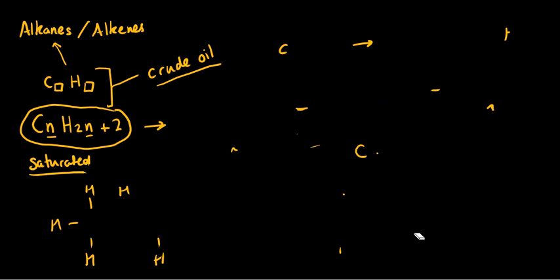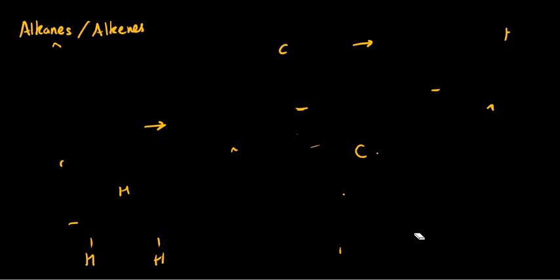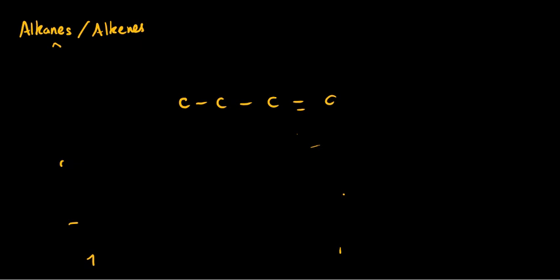If I was to have a situation where I had an alkene, so let's say, for example, I had this alkene here, 1, 2, 3, 4, 1, 2, 3, 4, 5, 6, 7, 8. First of all, actually pause the video and see if you can firstly put the double bond where it needs to go, and secondly also say out loud what this actually is called.